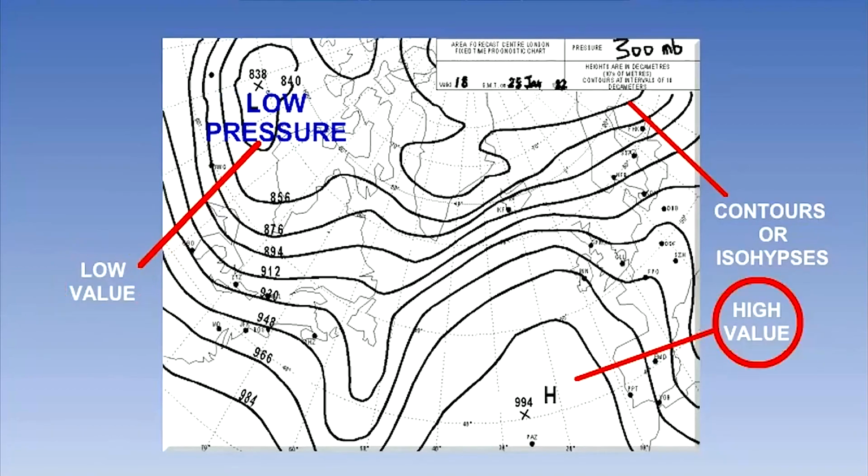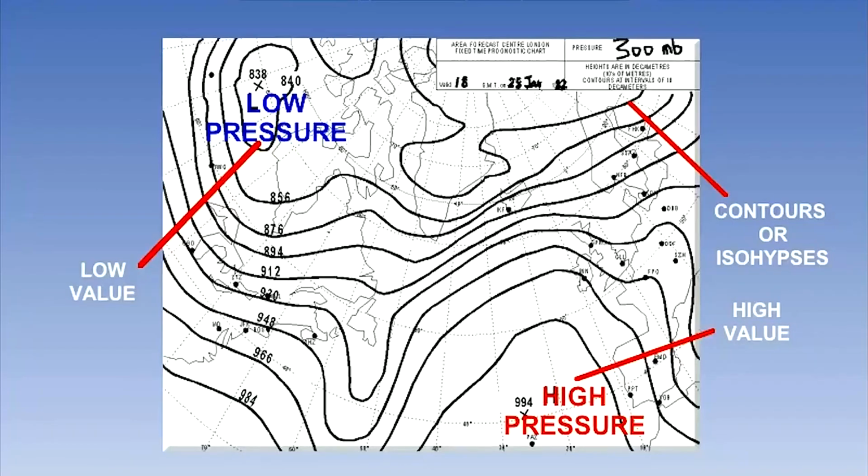Now we know where warm and cold air is located, we can infer what the upper air pressure would be. Earlier we said that above cold air we would expect a low pressure, and above warm air a higher pressure.